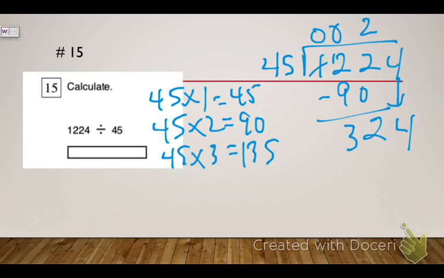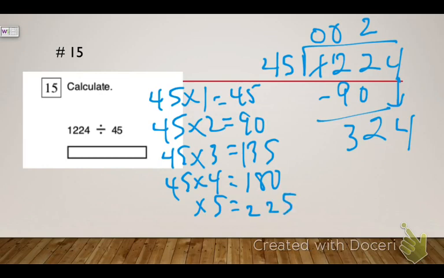So we got 45 times 4, which is 180, times 5 is 225, times 6 is 270, times 7 is 315.